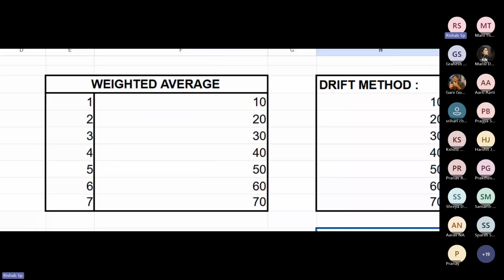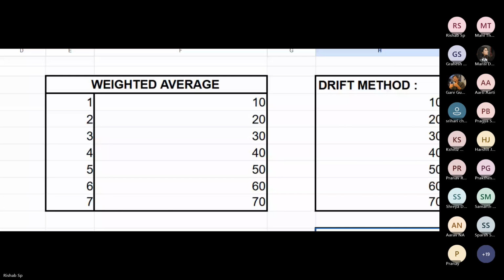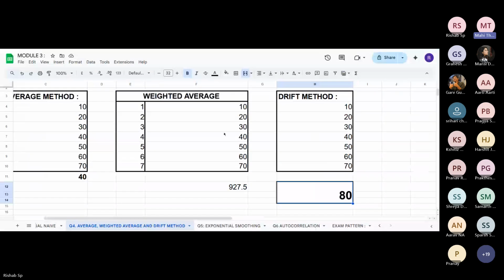In the module there was a question like this and the professor gave 1 2 3 4 5 6 7 values, so I just gave this as an example. I think they will give the weights. Okay, fair.